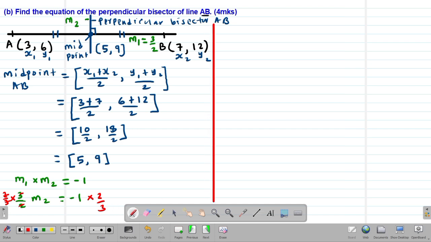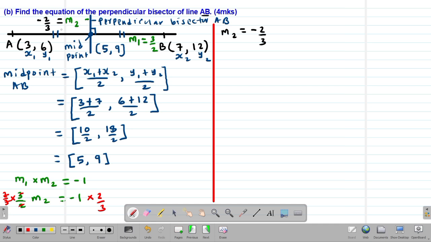So the gradient for this particular line M2, which is the perpendicular bisector, will be -2 over 3. That is -1 by 2, you'll get -2, then the whole thing divided by 3. So this is the gradient for the perpendicular bisector, which is -2 over 3.